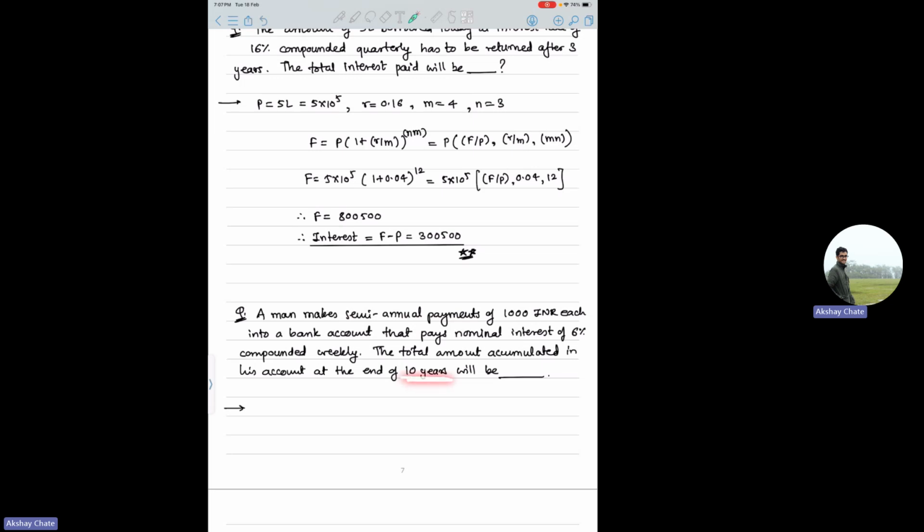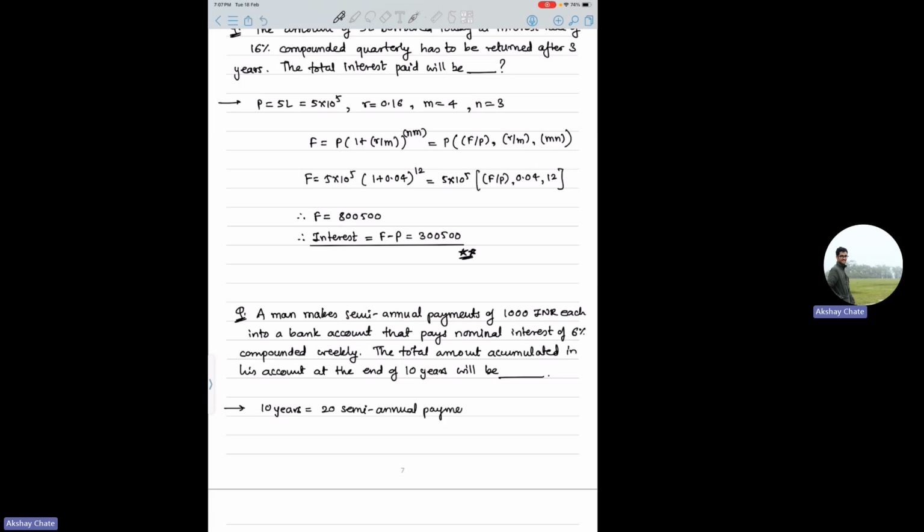Okay, so I don't want this confusion of years and semi-annual years, right? So what I will do, I will solve this question by assuming 20 semi-annual periods. So what I mean by that is, this 10 years is equal to 20 semi-annual payments, right?